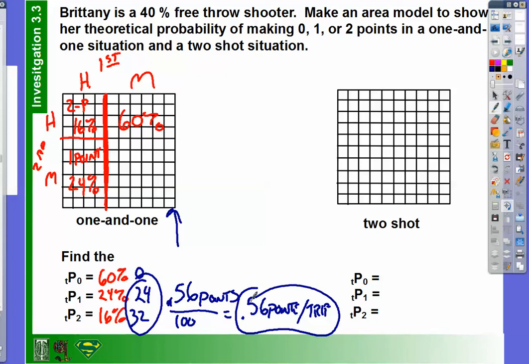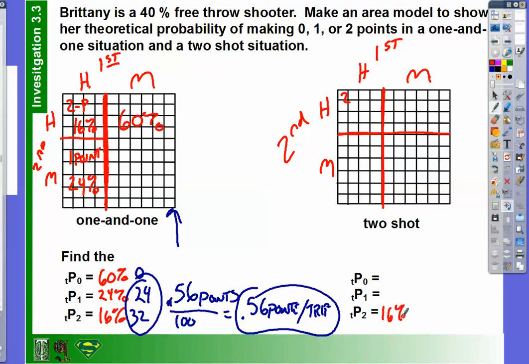For her 2-shot situation, it's a little bit different. We still have our first shot. She still makes it 40% of the time. But in a 2-shot foul, she gets her second shot whether she misses the first or not. So for our second shot, this division line is going to continue across the whole grid, because if she misses the first, she still gets to take her second. So we again have our 2-point situation here, which remains 16%.